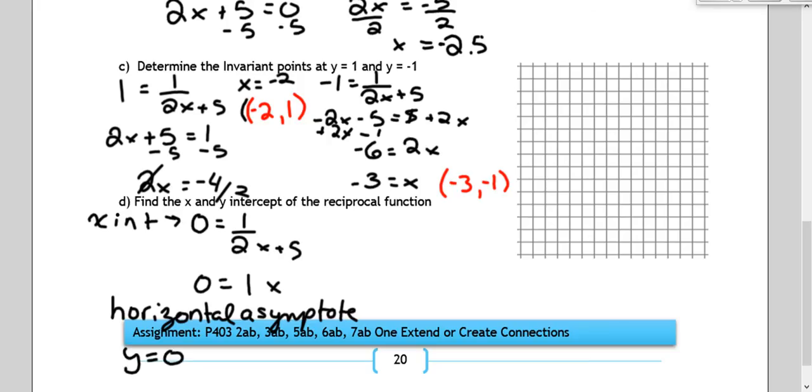Our y-intercept: we should recognize this from quadratic functions, that it's just the constants within the function, but let's walk through it. So y is equal to 1 over 2 multiplied by 0 plus 5, so y is equal to 1/5.